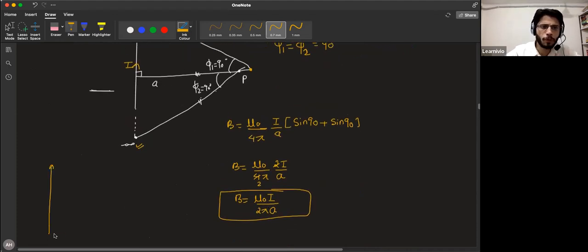Okay, if I want to plot magnetic field versus distance A graph, what will be the shape of the graph, Bhishma? If I want to plot B versus A graph, what will be the shape? See, B is inversely proportional to A. So what will be the shape?